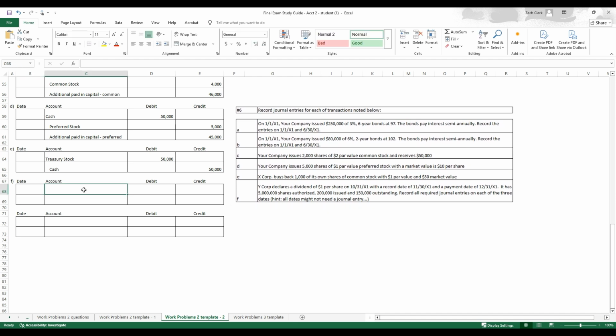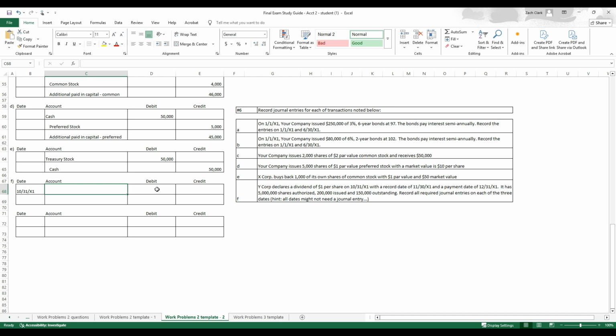So we're just down on F. We've got a declared dividend, and I will put the dates here because they're important in this one. On 10/31, we declared a dividend of $1 per share, a record date of 11/30, and a payment date of 12/31. 5 million shares authorized, 200,000 issued, and 150,000 outstanding.